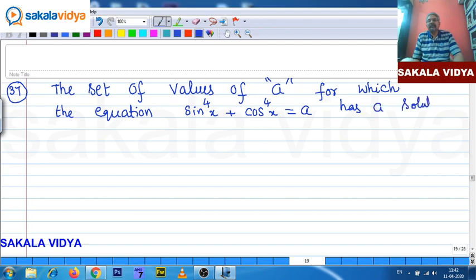That means the equation possesses a solution.